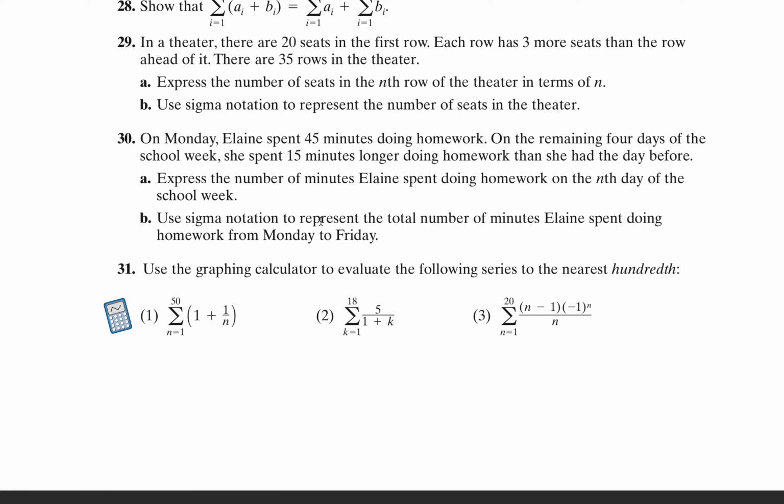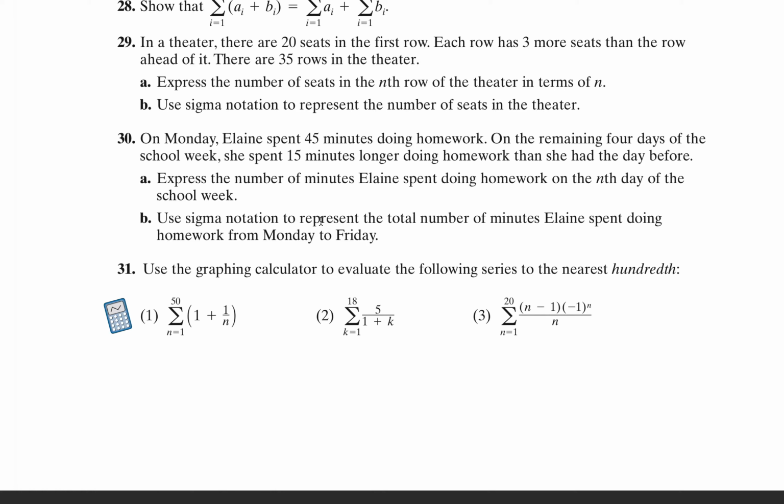She was doing her homework 5 days. She spent 45 minutes on Monday, and 45 plus 15 on Tuesday, plus again 15 on Wednesday, which is 75, then Thursday.